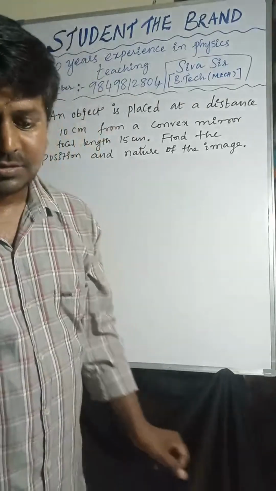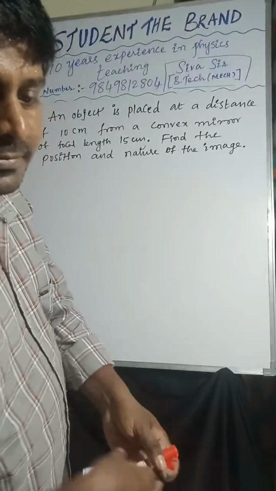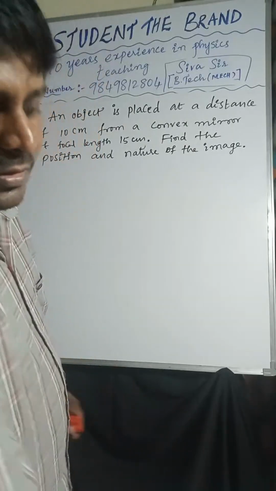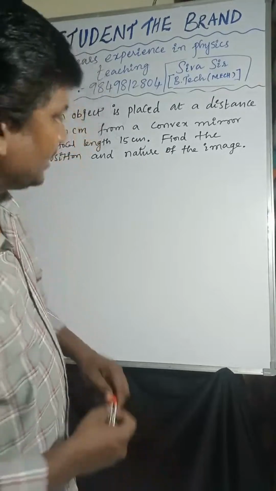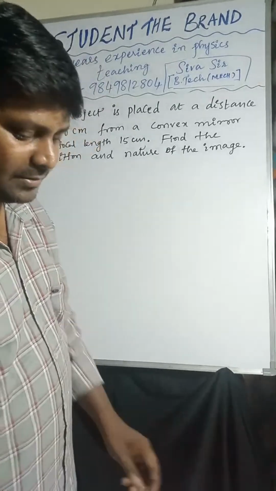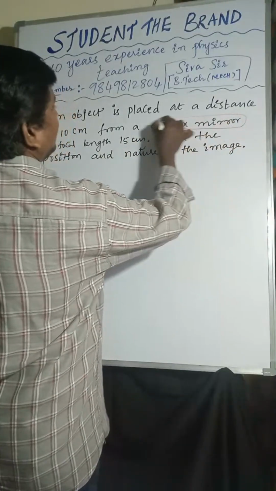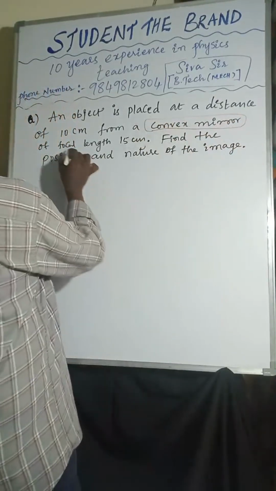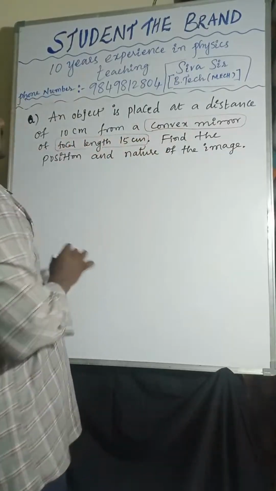Convex mirror. So the given mirror is a convex mirror. Here you have to underline this convex mirror. And one more thing, focal length is given. You can underline this point also.